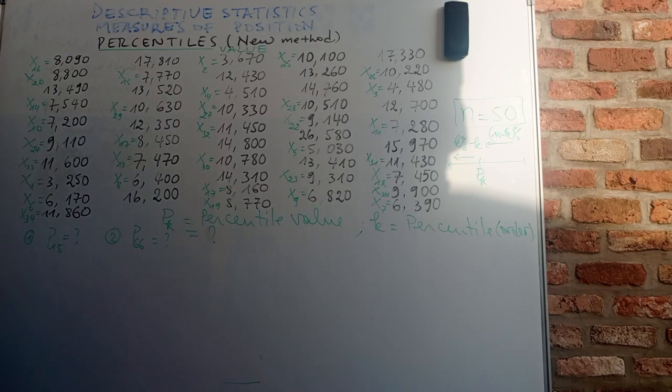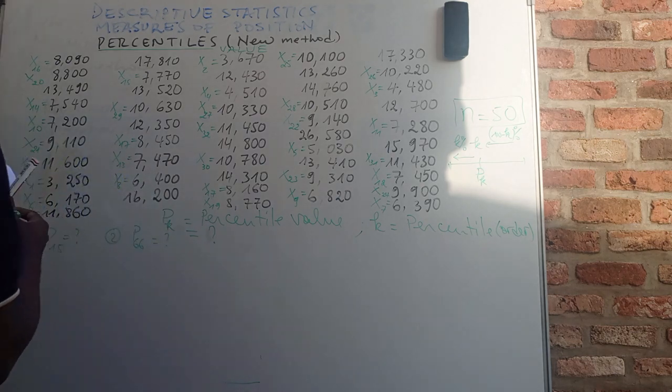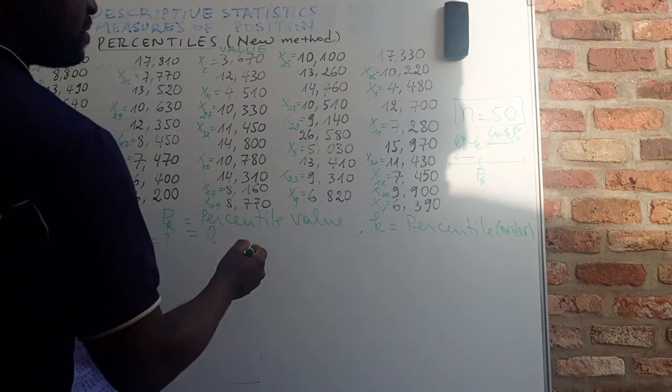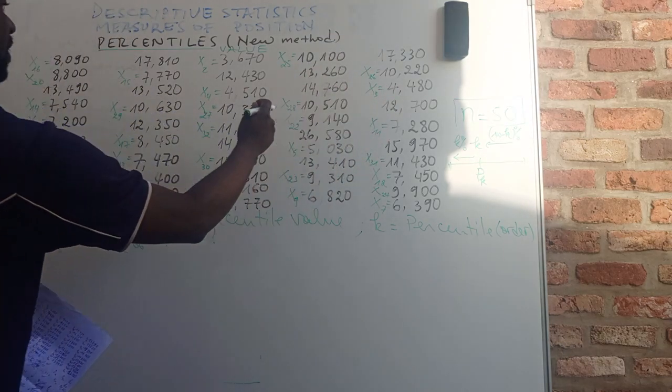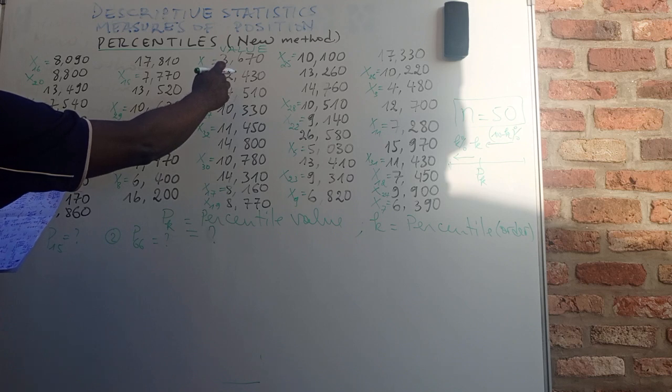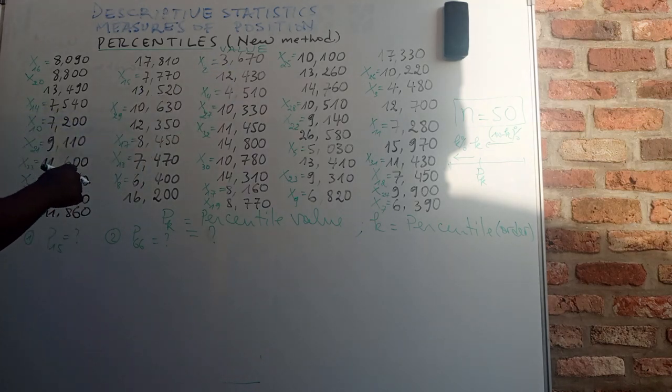Okay. Now next, I'm looking for x35. x sub 35 is 12010. So 1, 2, I don't have here. I have here 1, 2, 0, 1, 0.